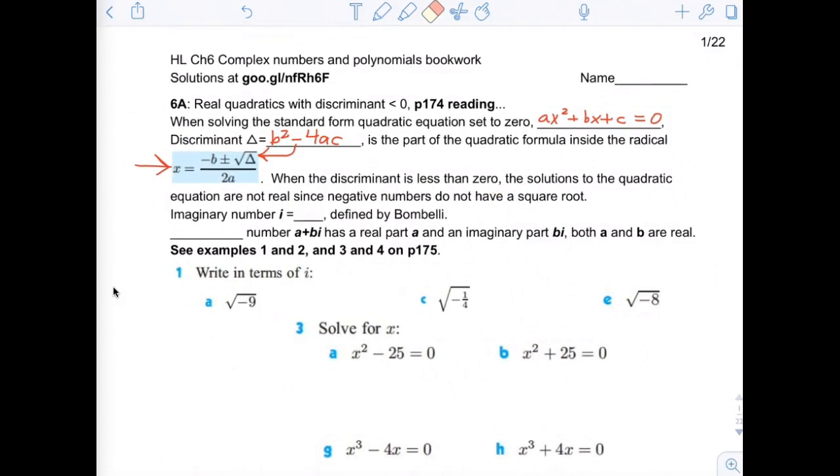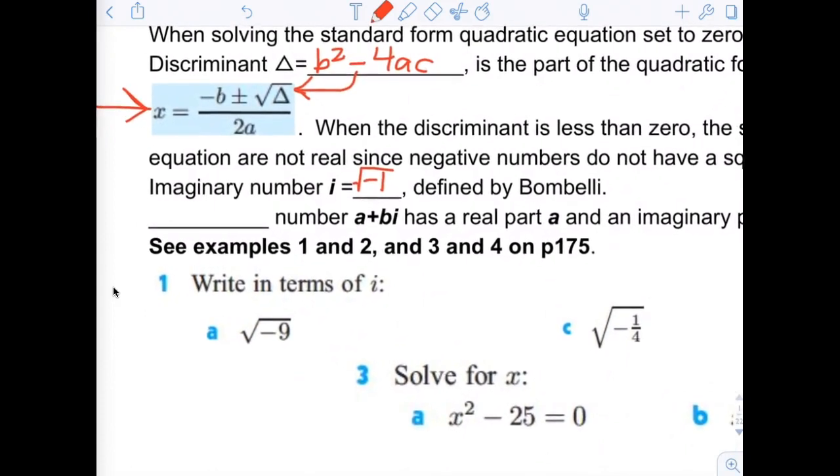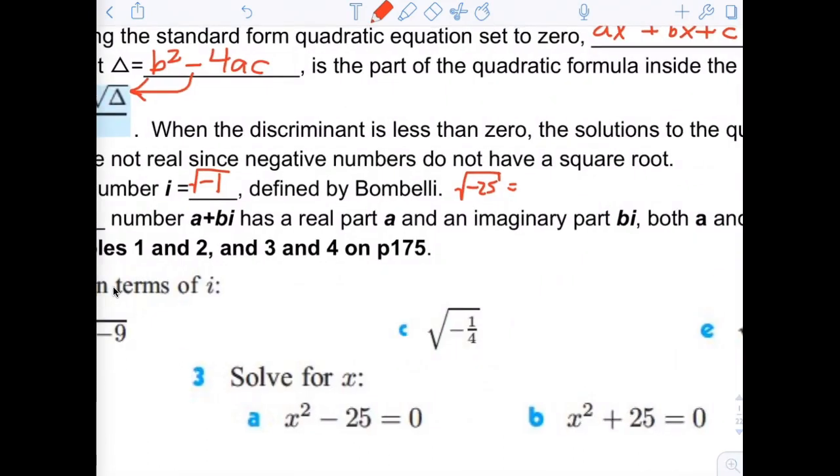When the discriminant is less than 0, the solutions of the quadratic equation are not real since negative numbers do not have a square root. The imaginary number i, which is equal to the square root of -1, is defined by Bombelli. So Bombelli realized that if you have the square root of a negative number, let's say the square root of -25, that is equal to the square root of -1 times the square root of positive 25.